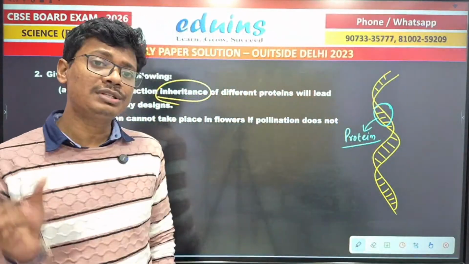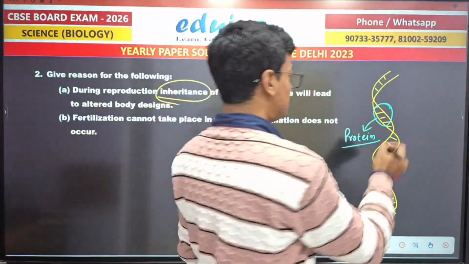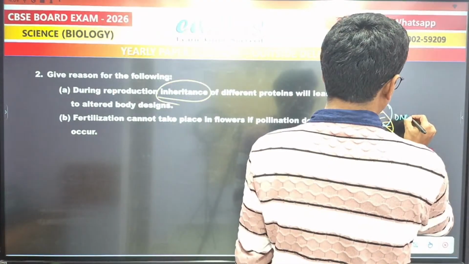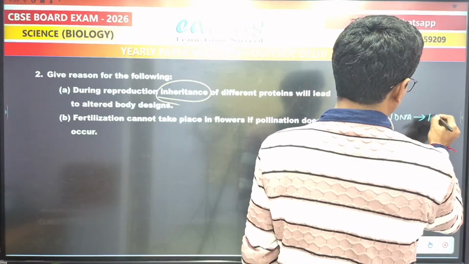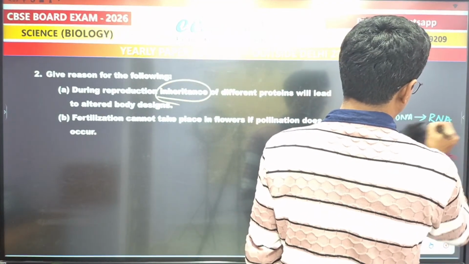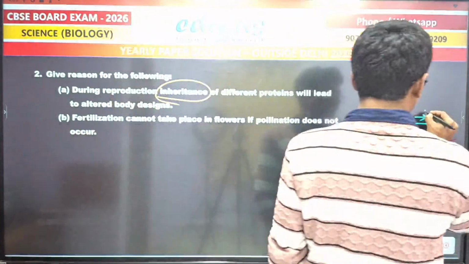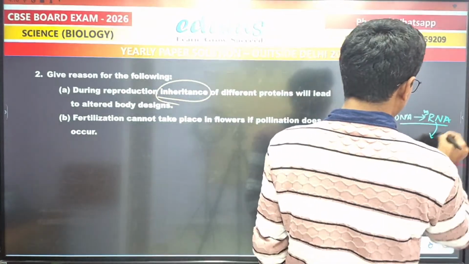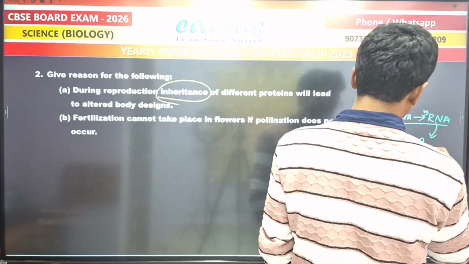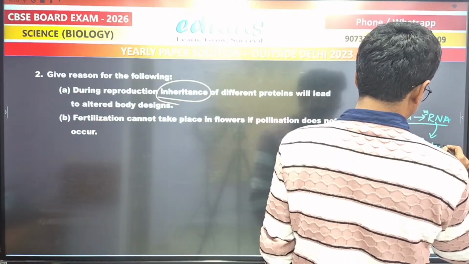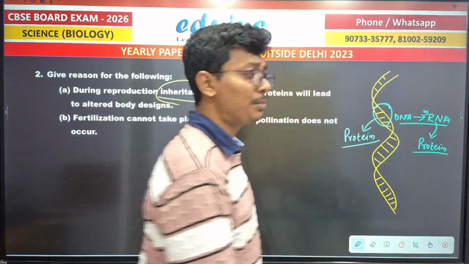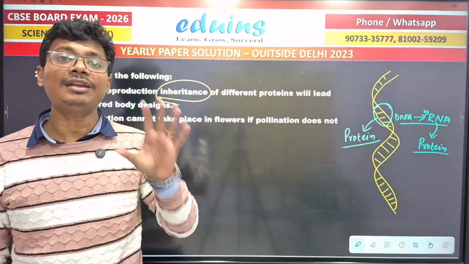These genes encode proteins when the DNA produces RNA, specially the mRNA, and from the mRNA it gives rise to the final product, that is protein, which is responsible for the different body characters.